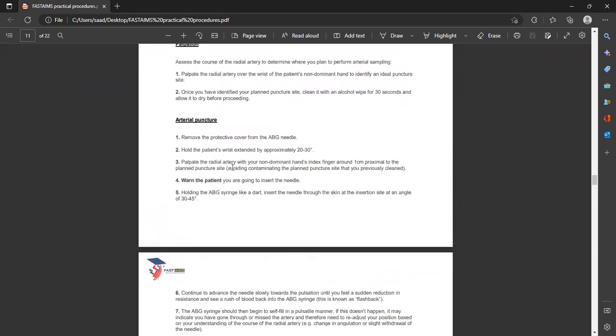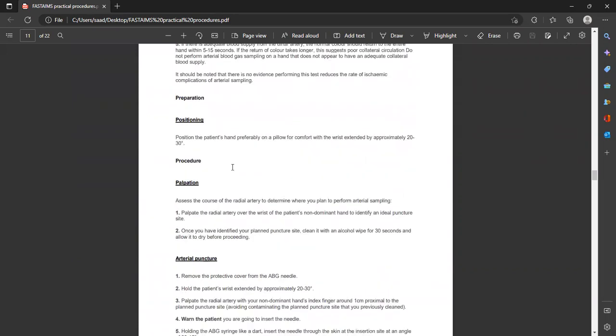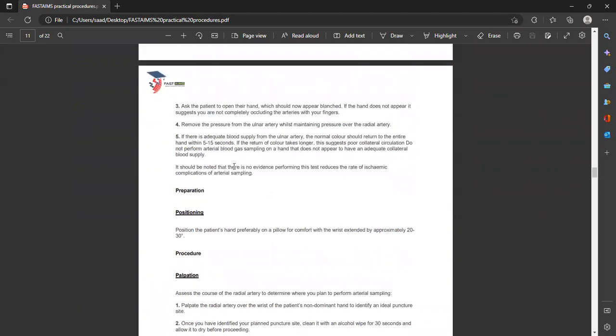In this scenario, you do not have to take a history of shortness of breath. Just go and do your procedure and just sit relaxed there. So what you're going to do in ABGs: first you enter the room, you have a good 90 seconds. You have read about this task, and it's clearly written that it's ABGs, explain and perform. You enter the room, greet, smile, be confident, and ask the patient's name and date of birth, and then say I am here to perform a special test called ABGs.